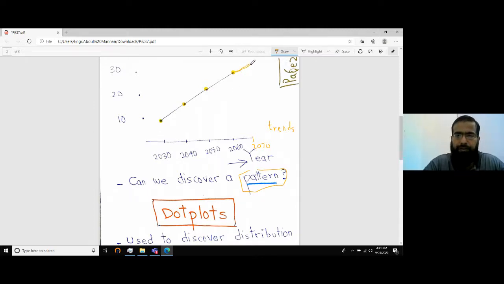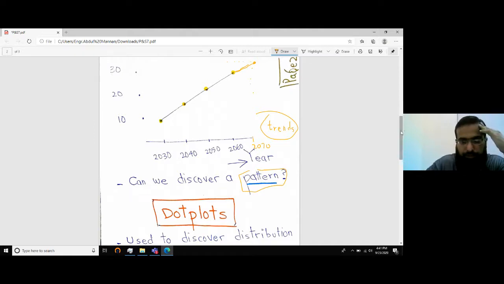So we'll extend this line up to 2070, and this is the projected number of people with 85 years or more in the year 2070 in this country. So this type of graph is mainly used to discover patterns or trends in a given data.